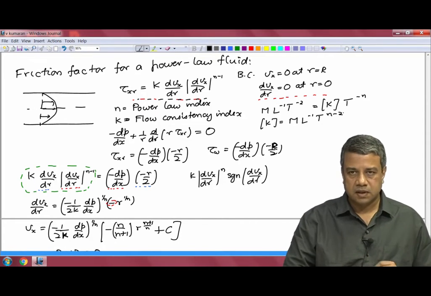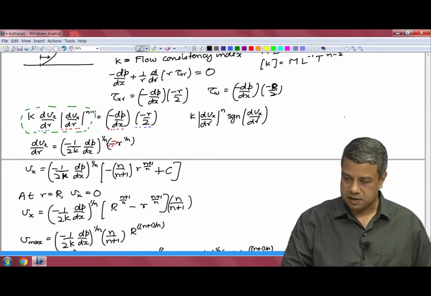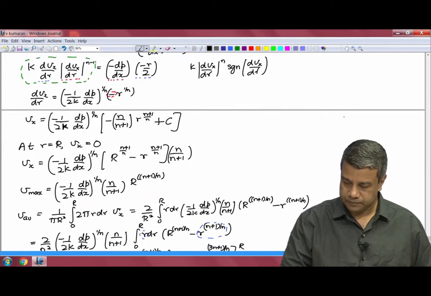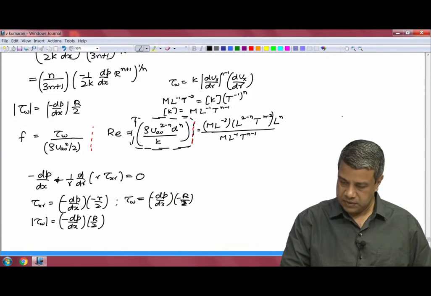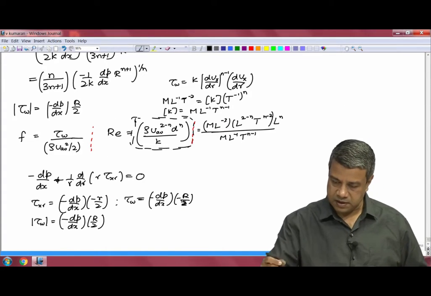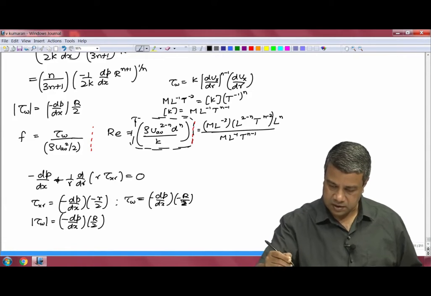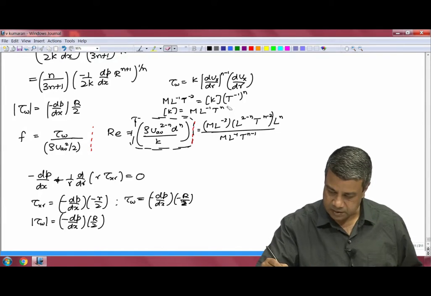That is the dimension of the flow consistency index. So, I think the last time I had written it as n minus 1, that is not correct. So, this should be n minus 2.